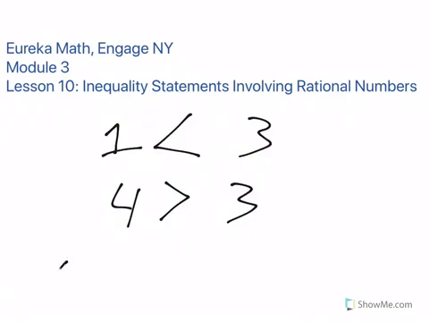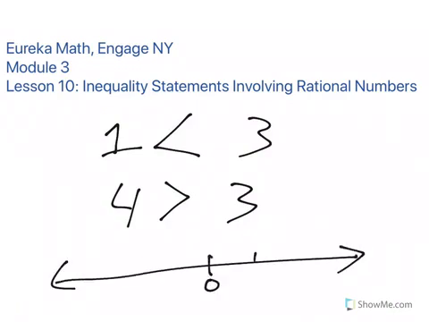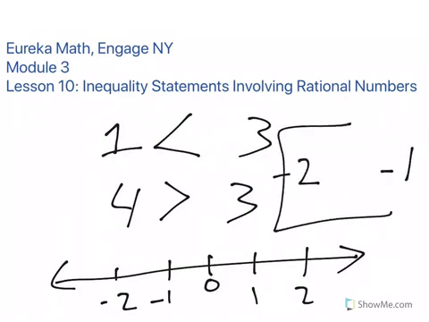One thing we might look at, if we have a number line, we have 0, we have 1, 2, we have -1, we have -2. If I was going to put -2 and -1 on my paper, and I wanted to write an inequality statement, what would that look like? Well, we know that -2 is less than -1.